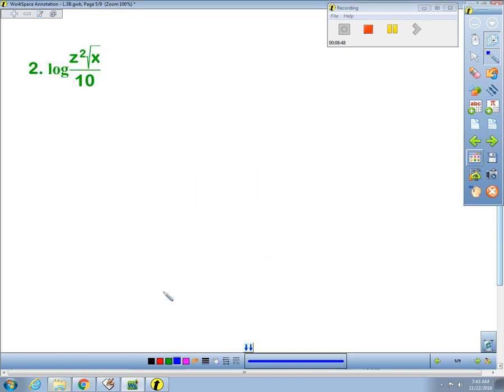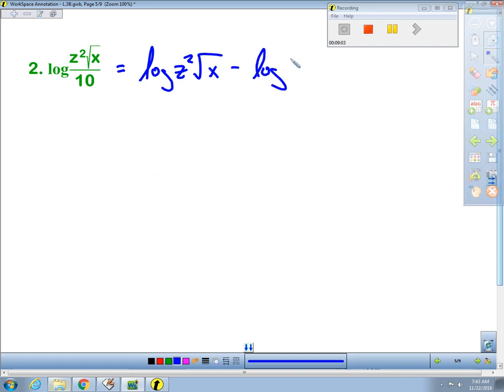All right. Again, I see a quotient. That's the first thing I'm going to do. This is the log of z squared times the square root of x minus the log of 10. Next big thing I see, working backwards here, breaking it down, I see a product.